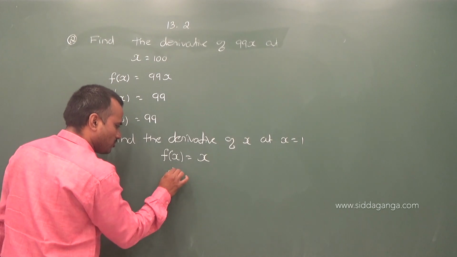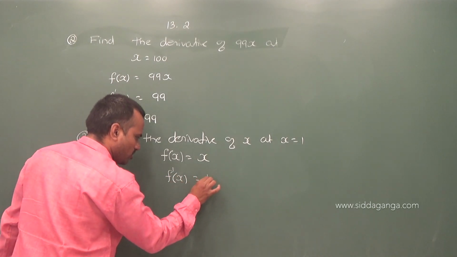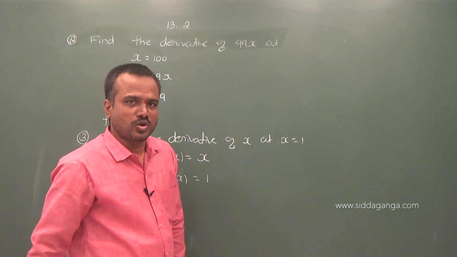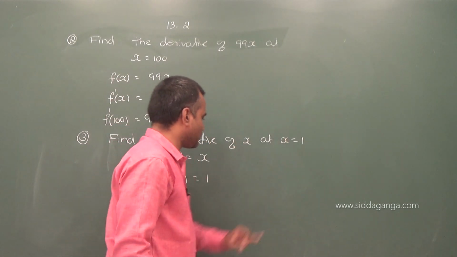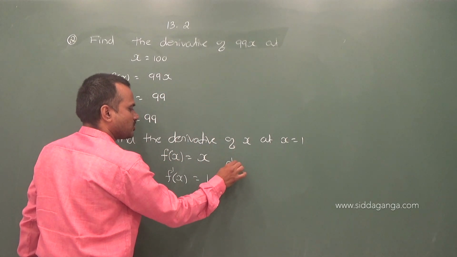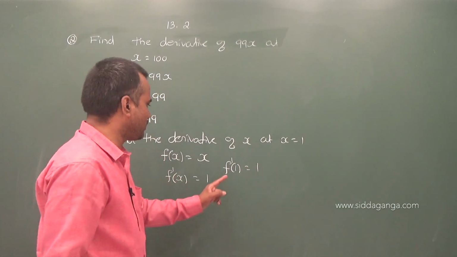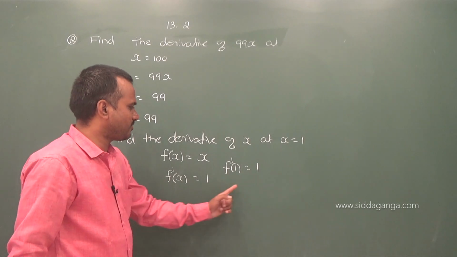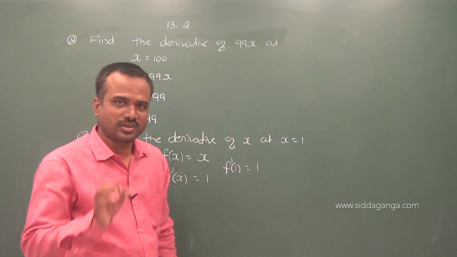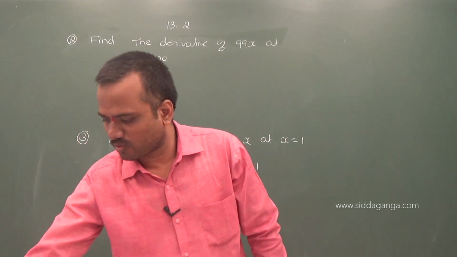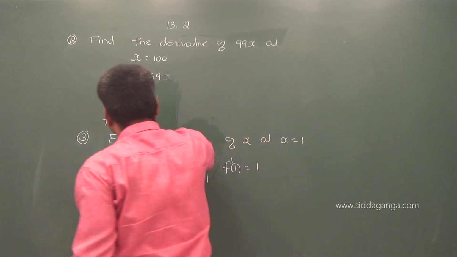What about f dash of x? The derivative of x is 1. What he asked is at x is equal to 1, f dash of 1. That is also 1. If x is present, in that we substitute 1. f dash of 1 is 1. Clear? So the third question is over. Fourth question.